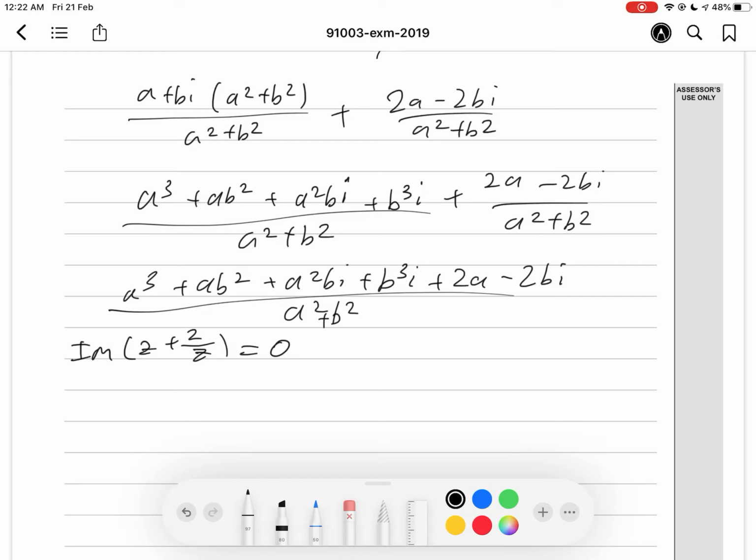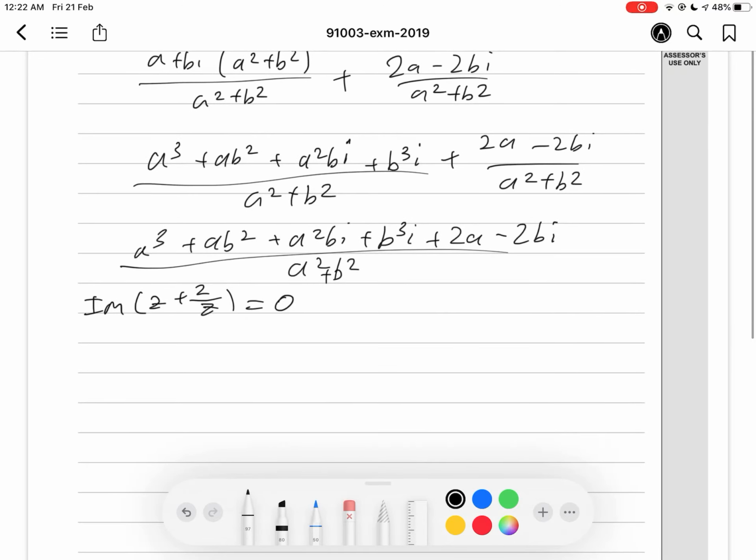So with this part of the equation, we will group all the real parts together and all the imaginary parts together. Our real parts would be a cubed, ab squared, and 2a, so a cubed plus ab squared plus 2a over a squared plus b squared. That's our real part.